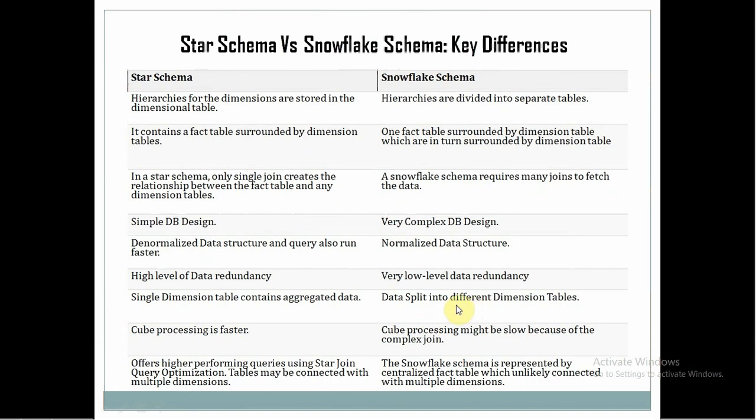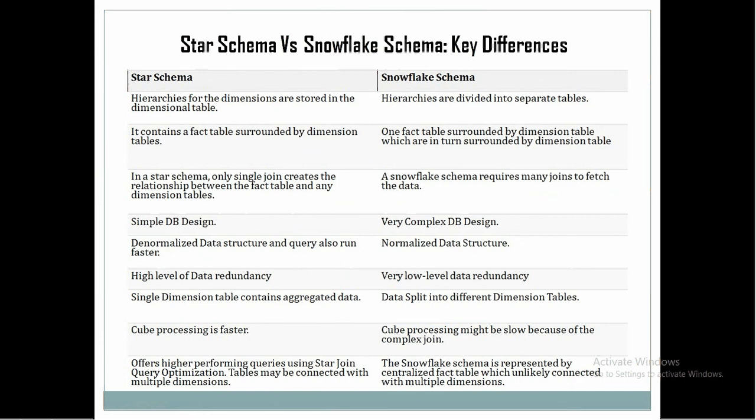Data is split into different dimension tables in case of snowflake schema, and in star schema, a single dimension table contains aggregated data. Cube processing is faster as compared to snowflake schema. It offers high performing queries using star join query optimization.